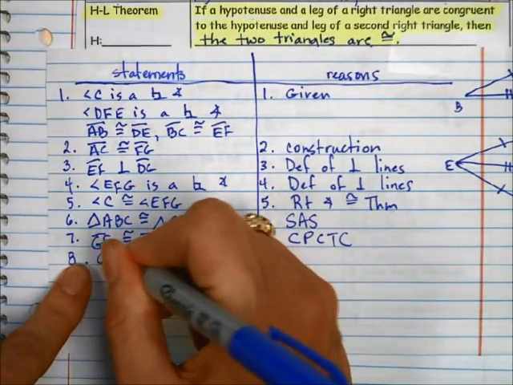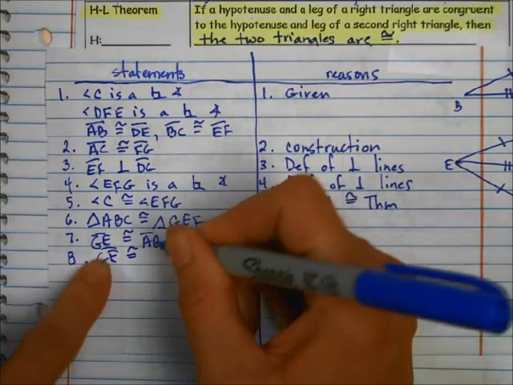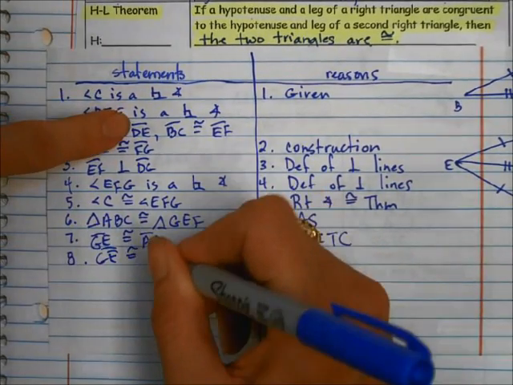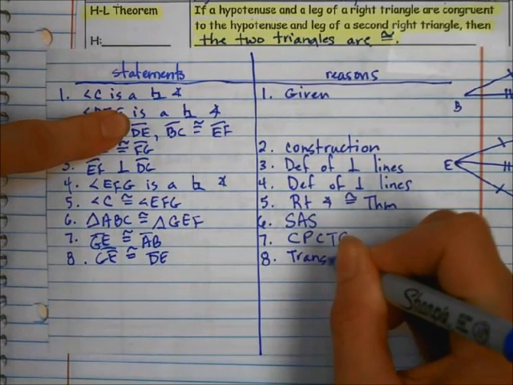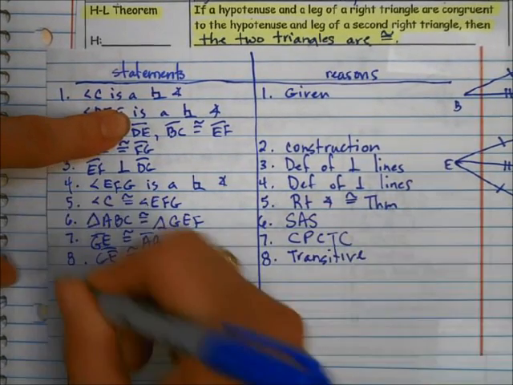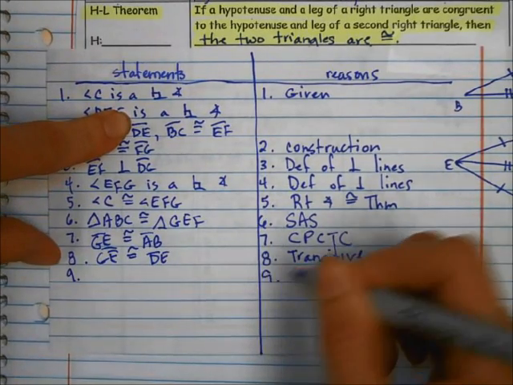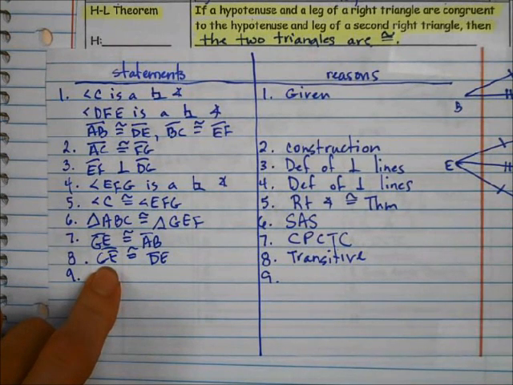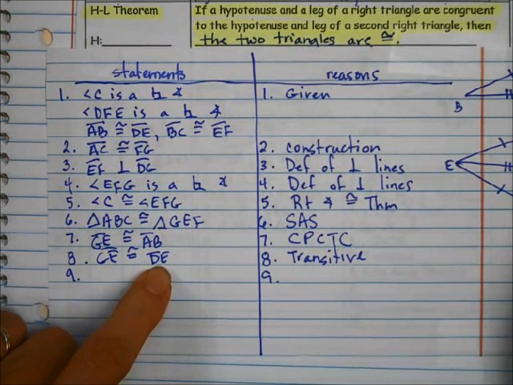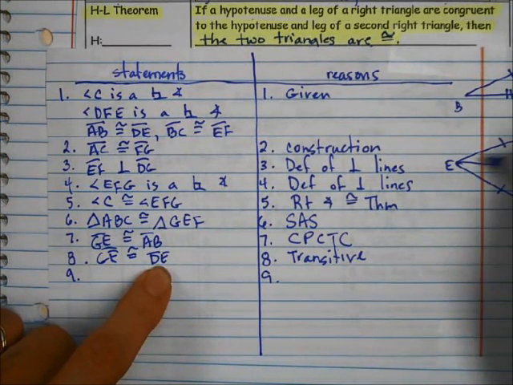So we know that GE is congruent to DE. And that's a little bit of transitive going on there. Hope you thought of that before I wrote it down. GE is now equal to DE. That's this one over here.